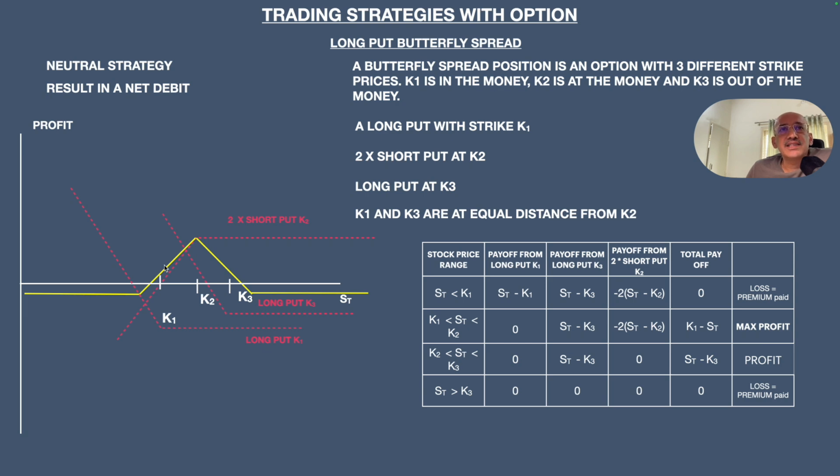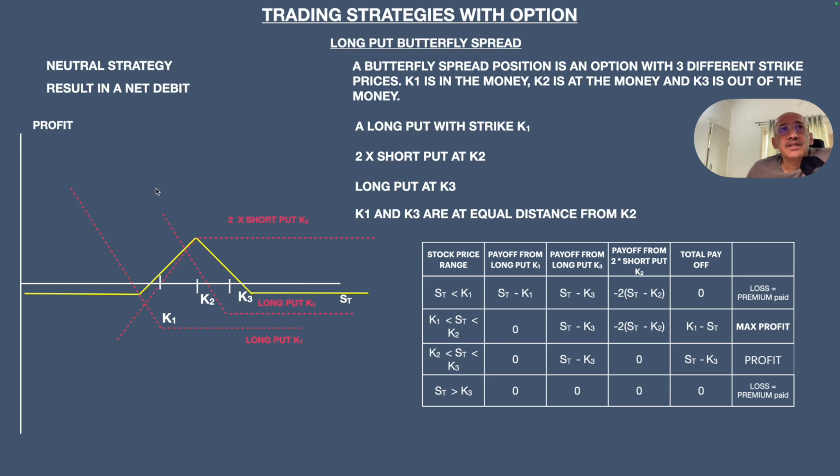Okay, so let us analyze this. If the price goes below K1, what will happen? Since it is going below K1, your K3 long put will be in the money and K1 long put will be in the money, both of them. However, these two short puts will be in loss.